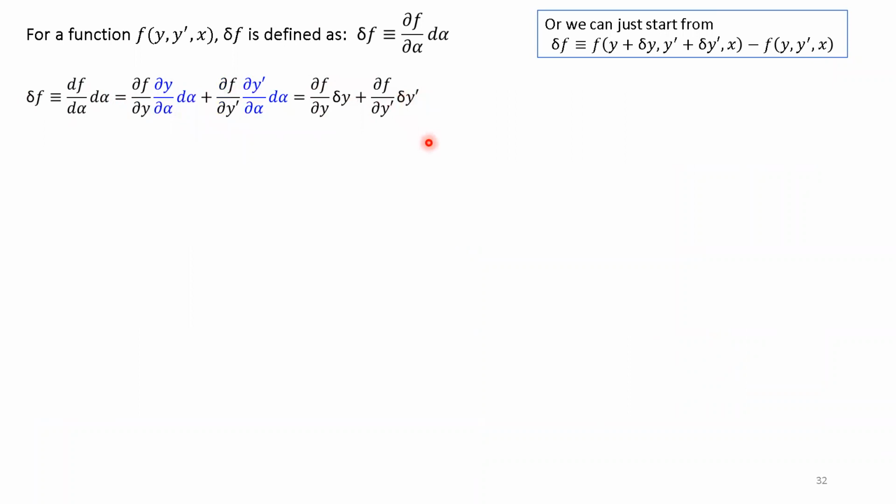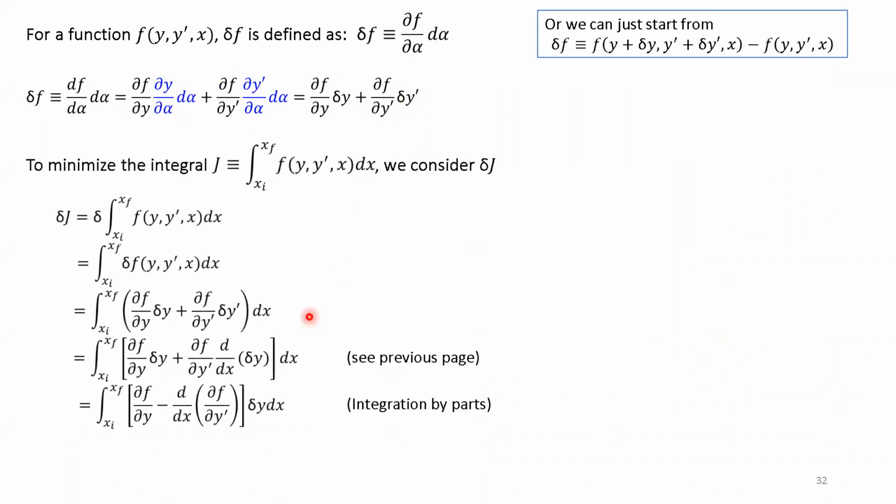What follows is really the same procedure, but the notation has changed. Instead of this delta alpha eta, I will write this delta y and delta y prime. I don't want to spend much time over here, but I would like you to have a look.